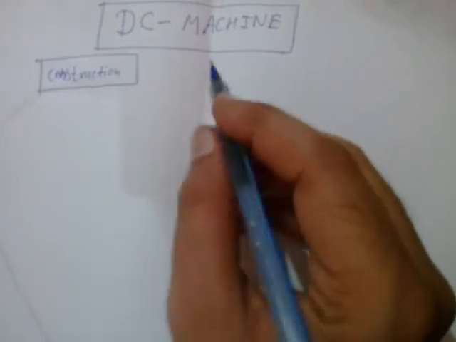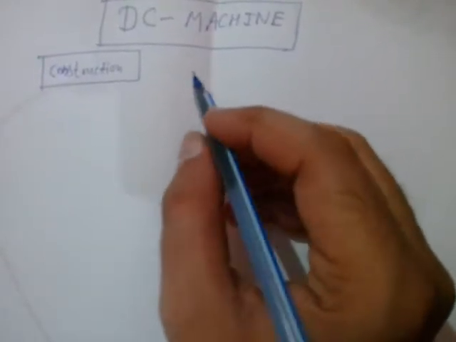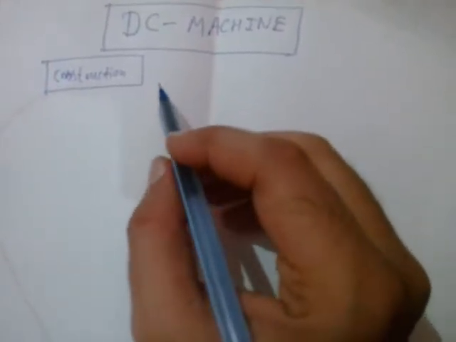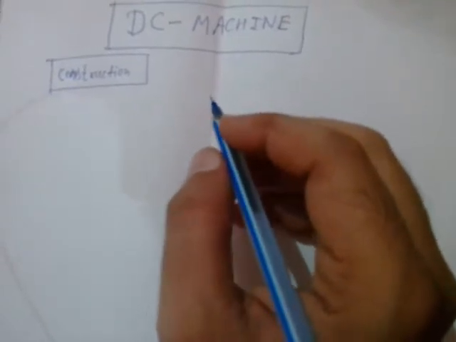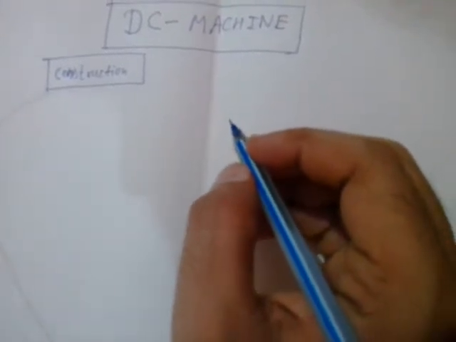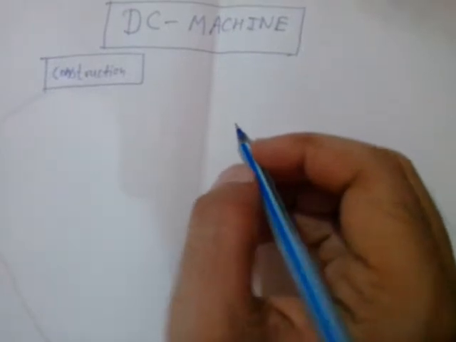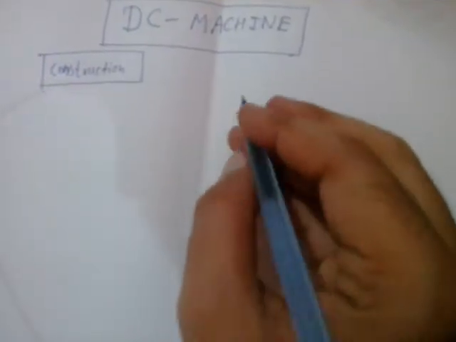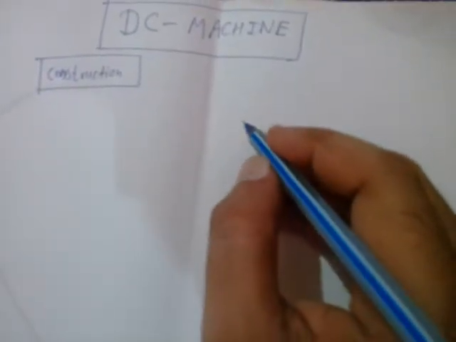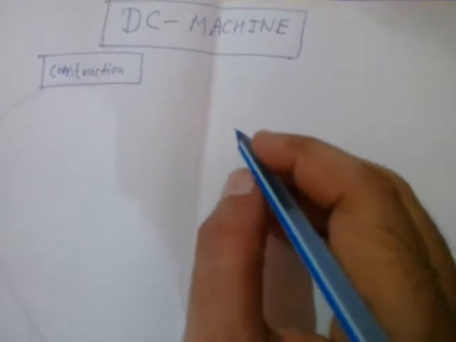Rotor is the rotating part, as the name suggests, and stator is the stationary element. So I am going to draw the cut section model of DC machine. Just have a look at how I am going to draw this.